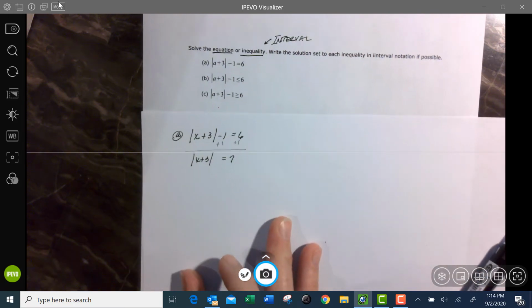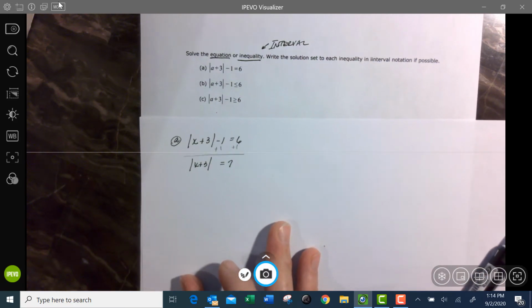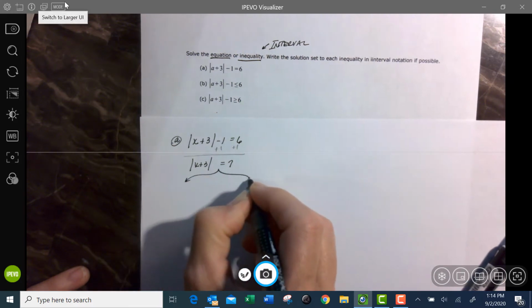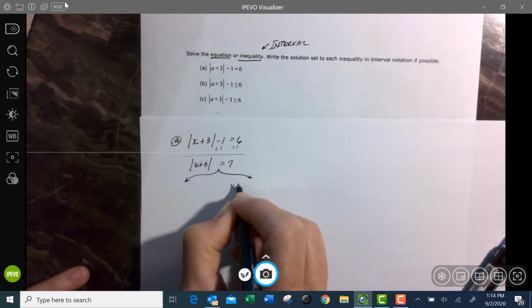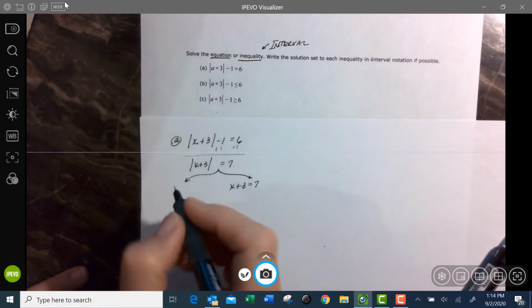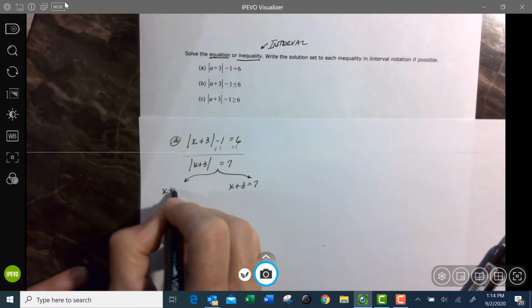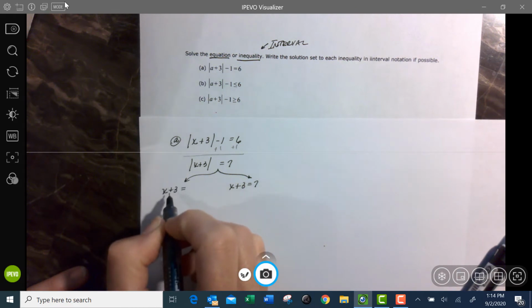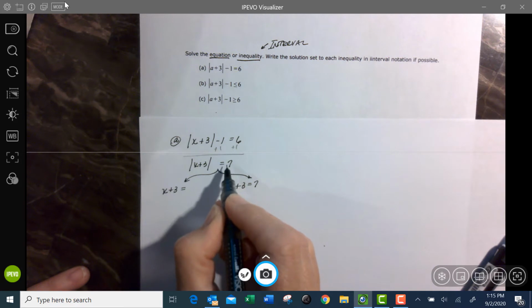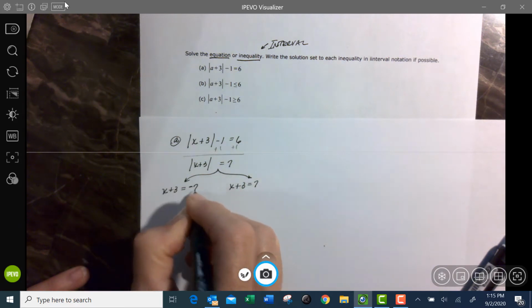At this point, to incorporate the absolute value, I'm going to branch into 2 equations. One of the 2 equations will be identical, but the absolute value symbol has been removed. And the other will be this removing the absolute value symbol, but making the right side of this equation negative.